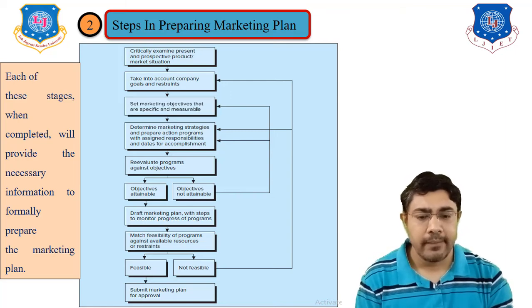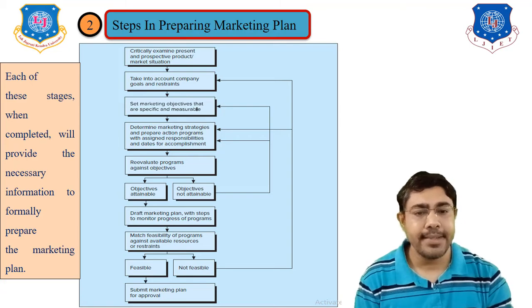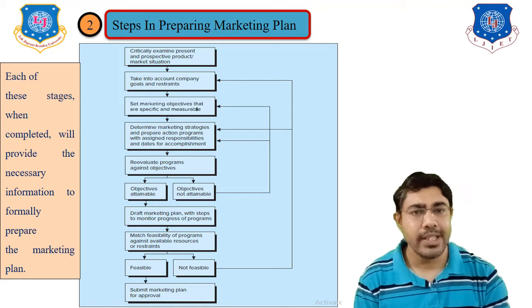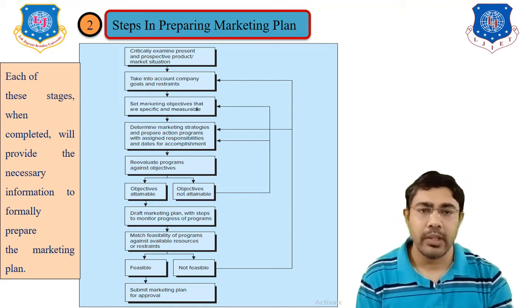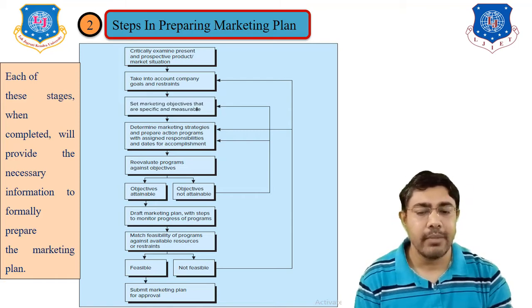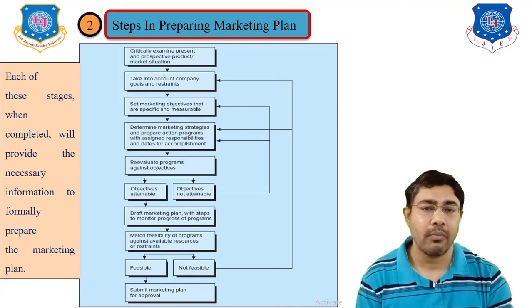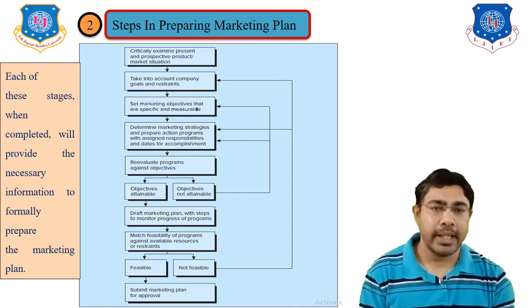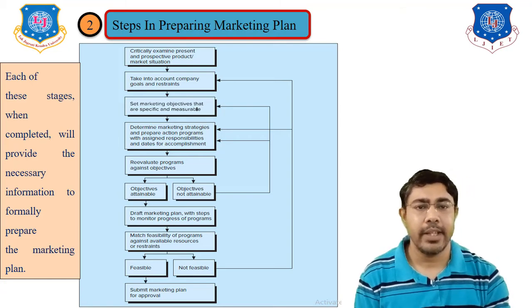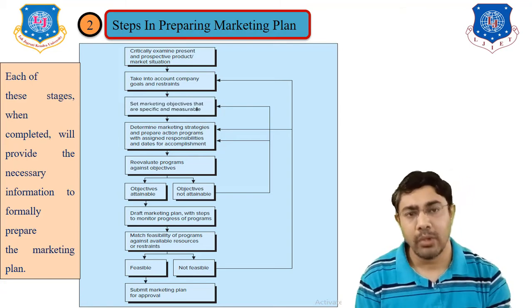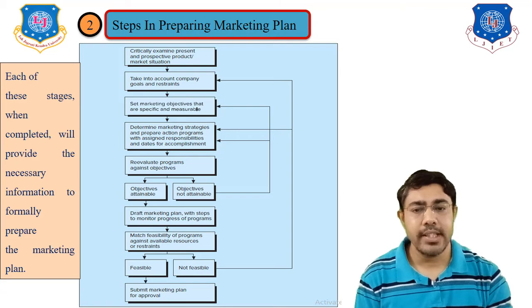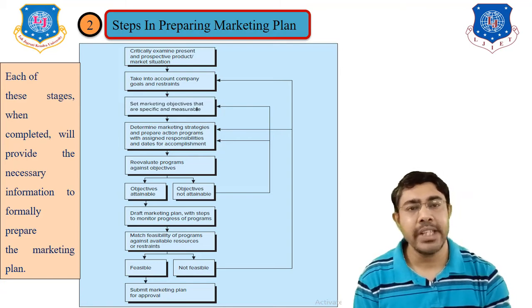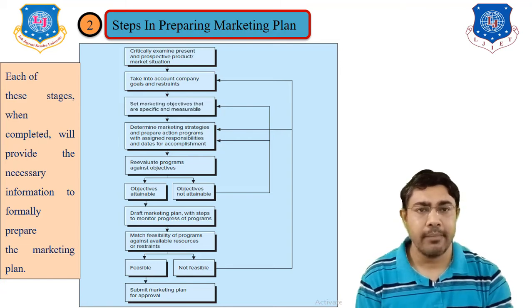If not feasible, then you have to go back to step 2, and if it is feasible, then you go to the next level, which is to submit the marketing plan for approval. So this is the final marketing plan, which is submitted for approval. So this is the way in which you can develop the marketing plan.